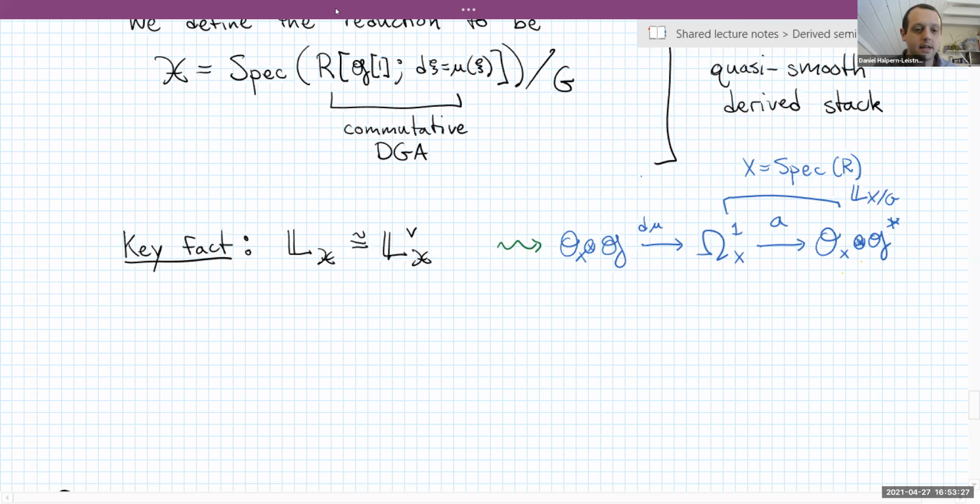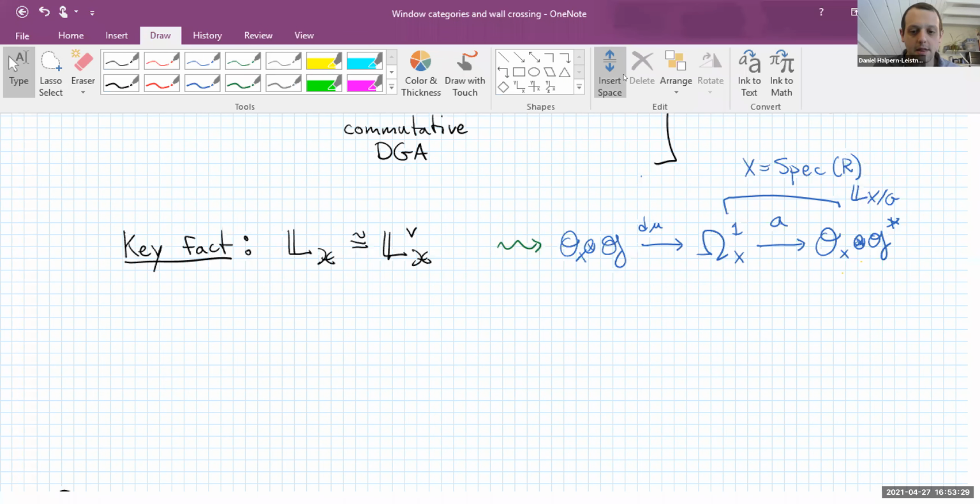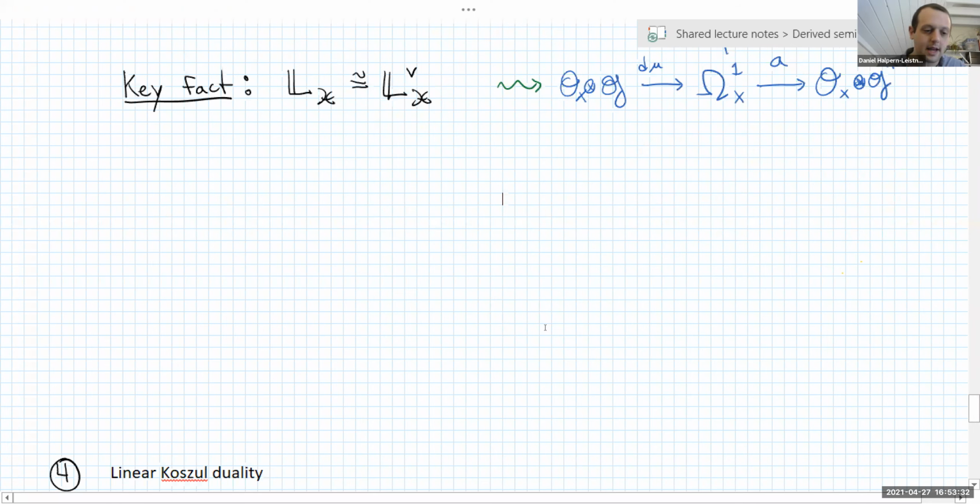And in fact, one of the key theorems is that I'll state it here because I'm running out of time anyway.